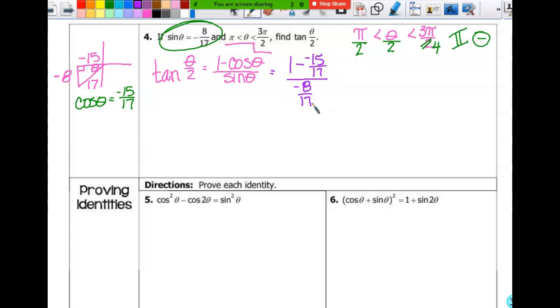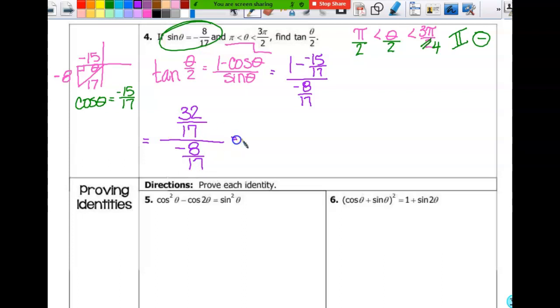So in the numerator, I need a common denominator. So my common denominator in the numerator is going to be 17. So that would be 17 over 17 minus a negative, so that makes this 32. And this is a negative 8 over 17. Yes?